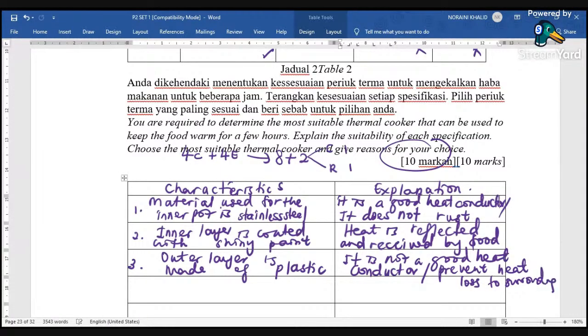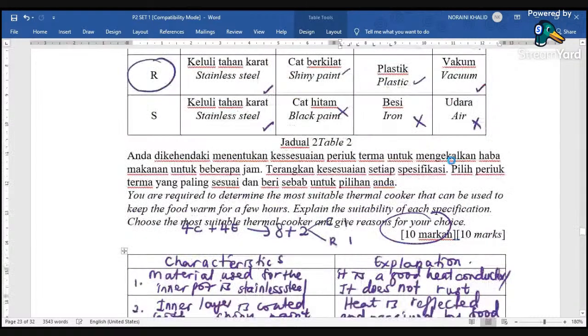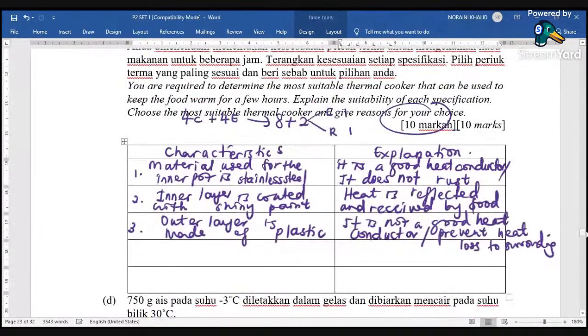Also can. Okay, you have the third one. The fourth one is the space S. Space S must be vacuum. So you can repeat the reasoning. You can just write down to prevent heat loss. Same. Okay.